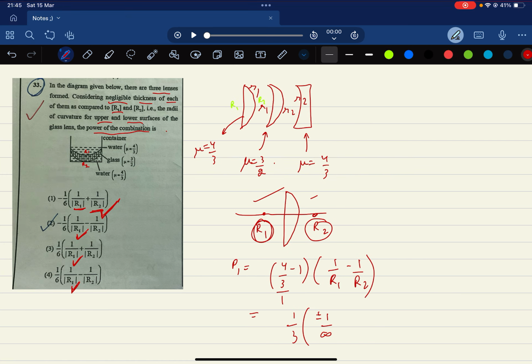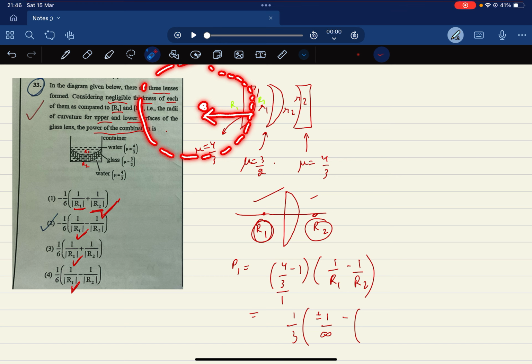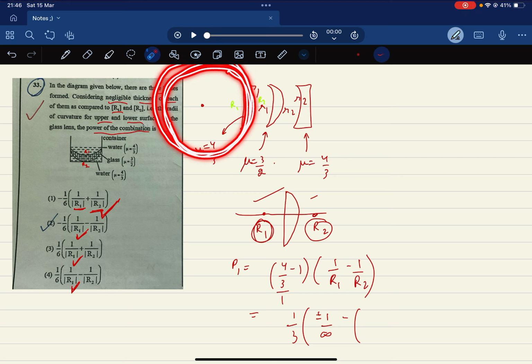And in 1 by R2, we will fill the sign as negative because this circle belongs to a radius which is towards the left from this curvature. So this is actually a part of a spherical surface which belongs to the leftward side.